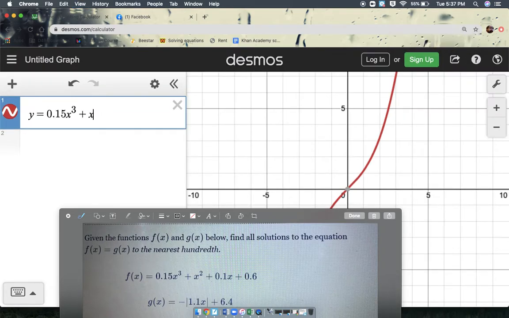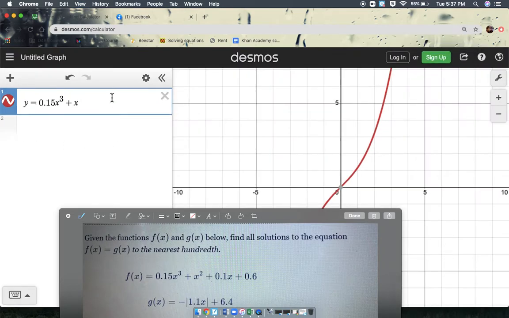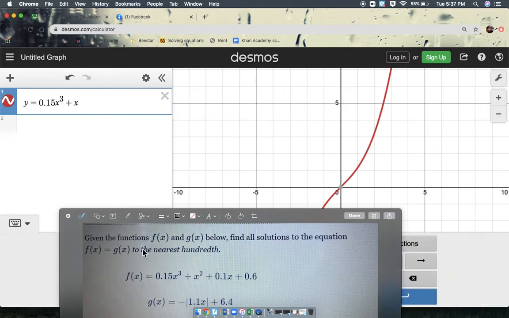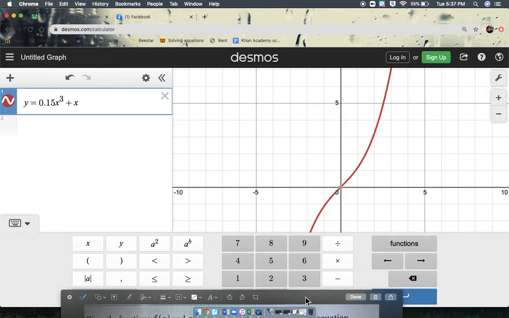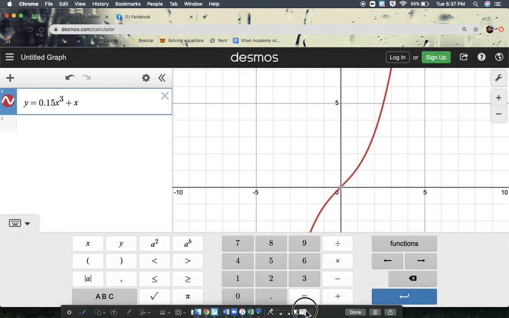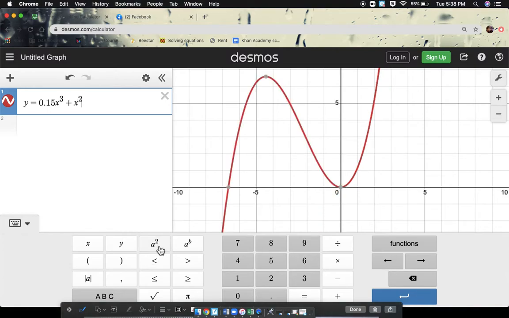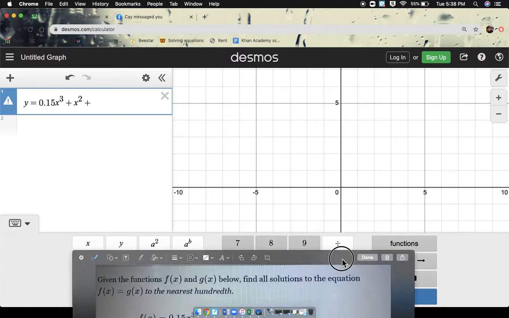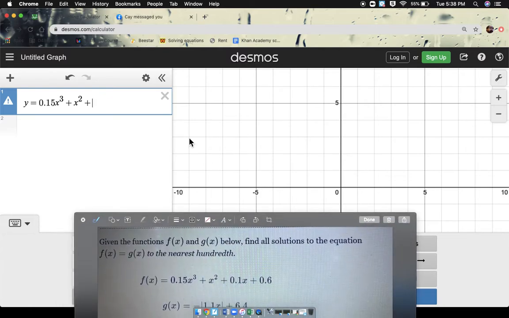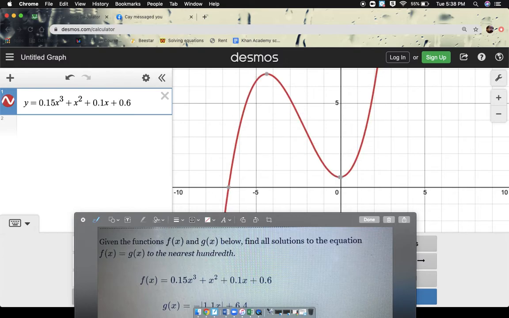Oh my goodness, I just keep zooming in. So x squared, another way that I can get this is to pull this up down here. And where is my fancy little button here? So I want to be able to make it x squared. And then we'll have plus 0.1x plus 0.6.